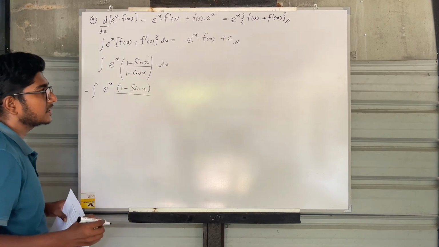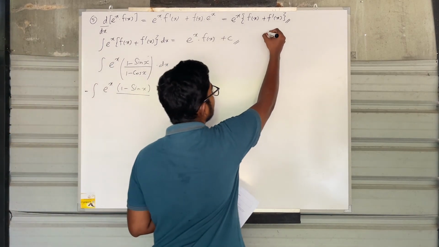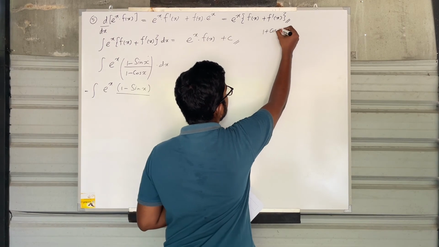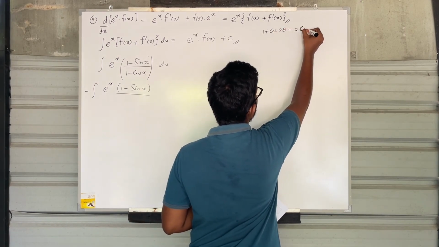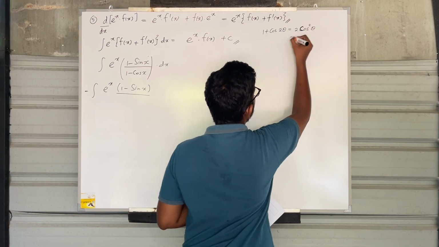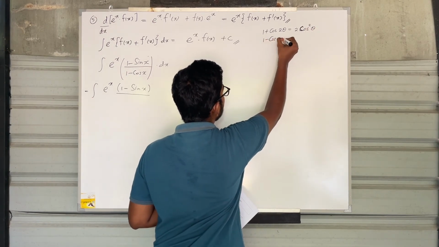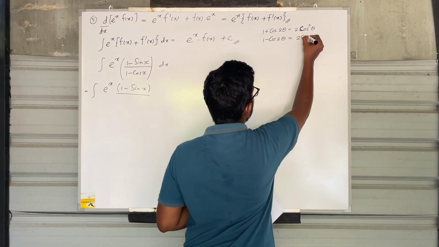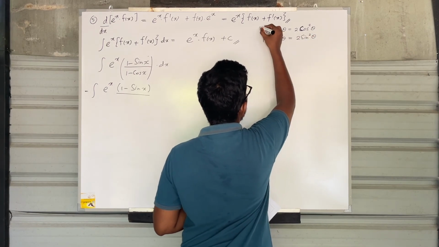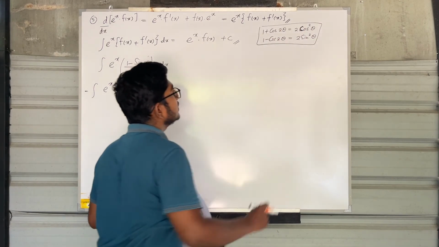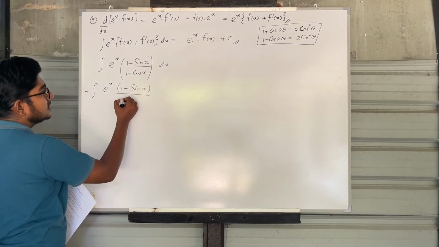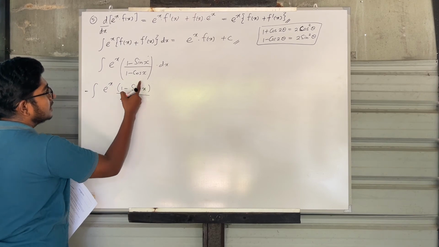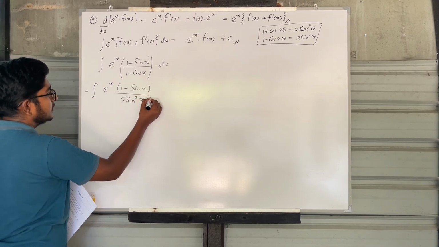From trigonometry, we know that 1 plus cos 2 theta is 2 cos squared theta. 1 minus cos 2 theta is 2 sin squared theta. මේක අපි දන්නවා trigonometry වලින්. Now 1 minus cos of an angle is 2 sin squared half of this angle, x over 2.